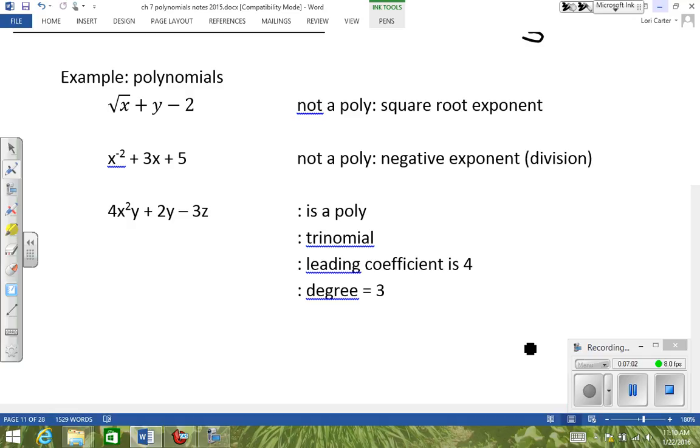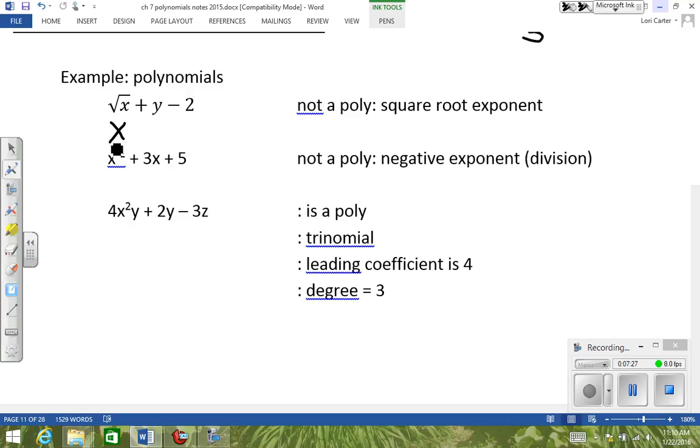So if I have the square root of x, how do you rewrite that as an exponent? That's x to what power? How do I get rid of a square root? You square it. When I square something, I'm turning it into x to the 1.